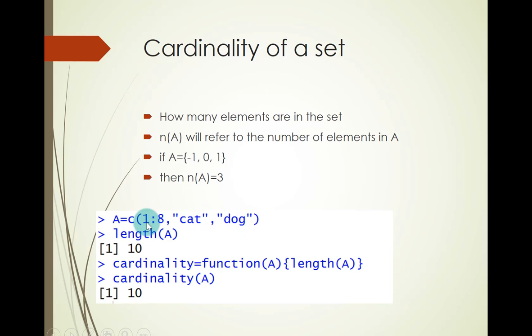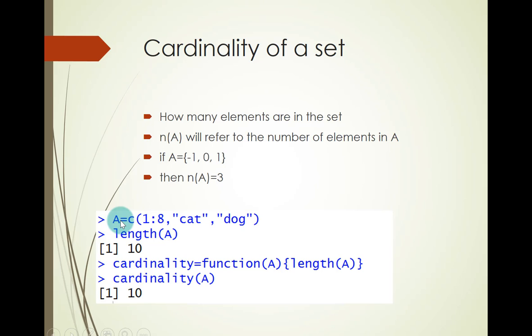It has the elements 1 through 8, and then cat and dog. If we ask for the length of A, that means how many elements are in A, and it's 1, 2, 3, 4, 5, 6, 7, 8, 9, 10, so that's 10. So length is a function which tells you how many elements are in a vector.